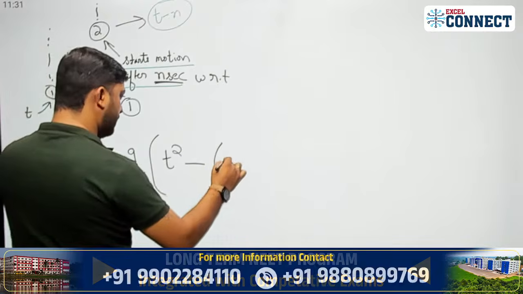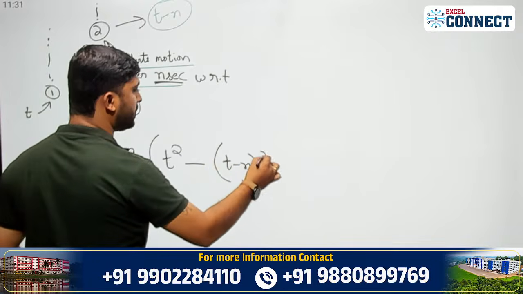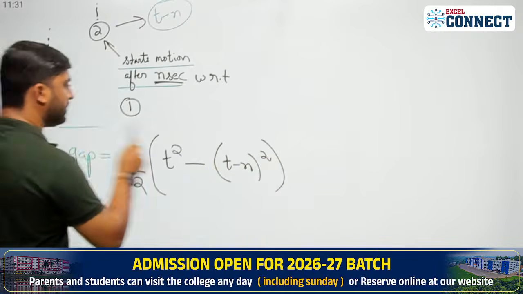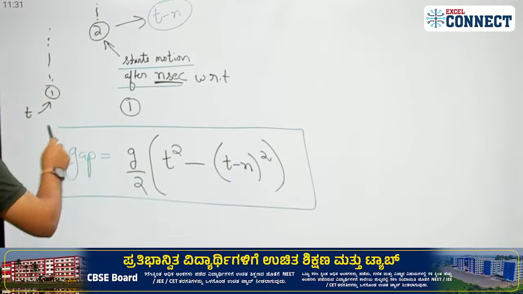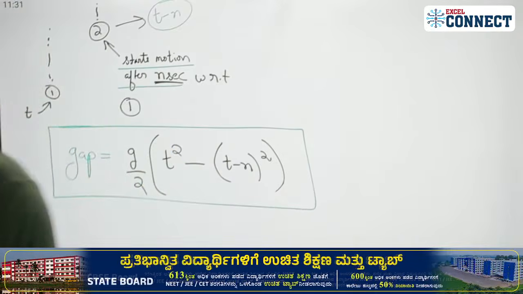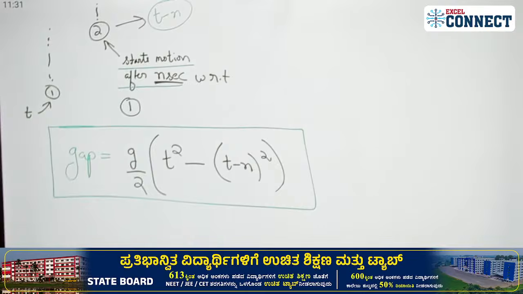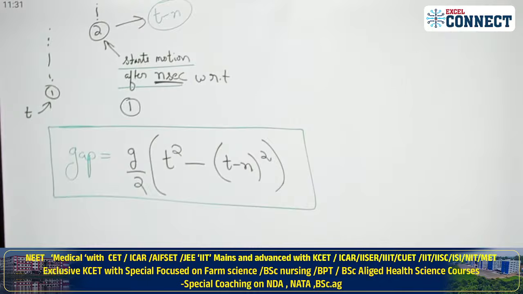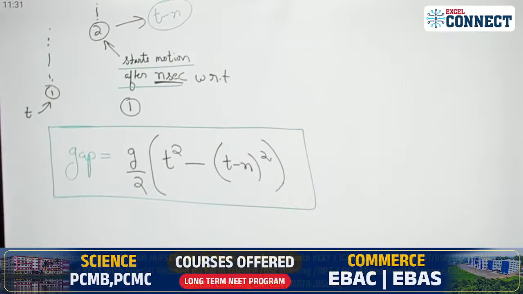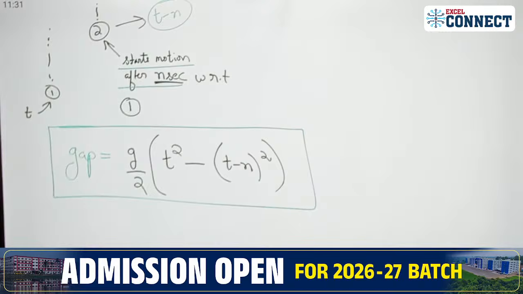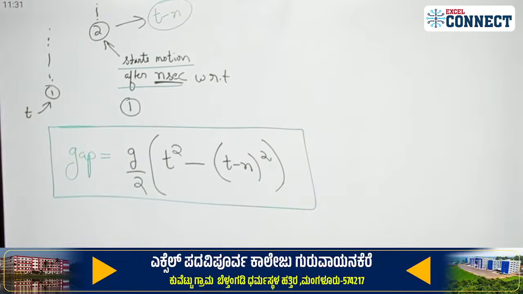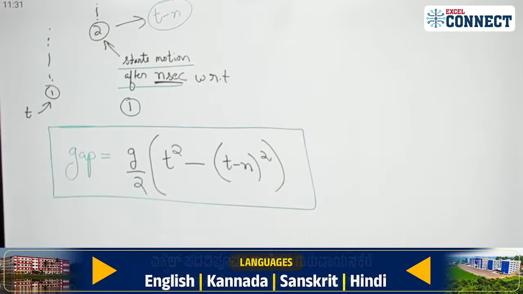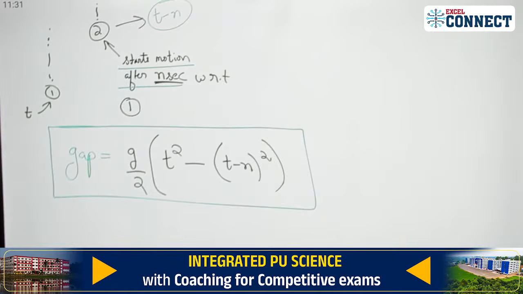So this will be t minus n whole square. So this is the formula to find the gap between two objects. First object takes time t, second object will take t minus n.